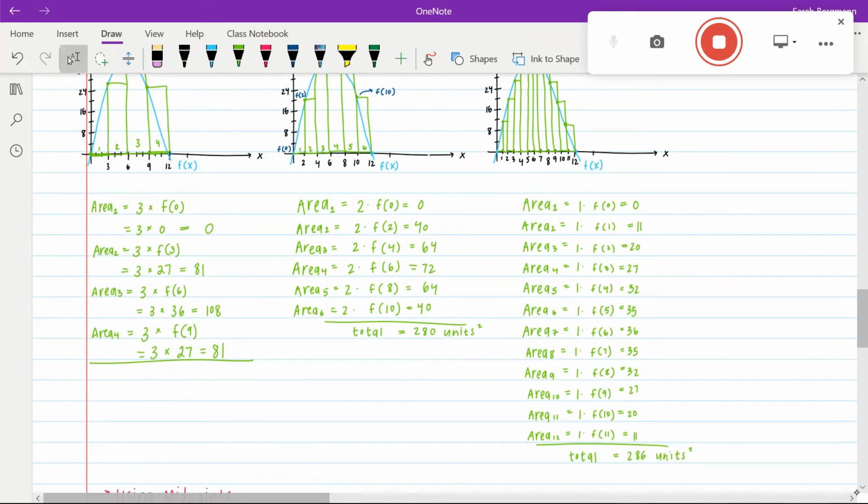To find the total area for the approximation, I add up my 4 areas for my 4 rectangles. So I have 0 plus 81 plus 108 plus 81. That gives me a total of 270 units squared.